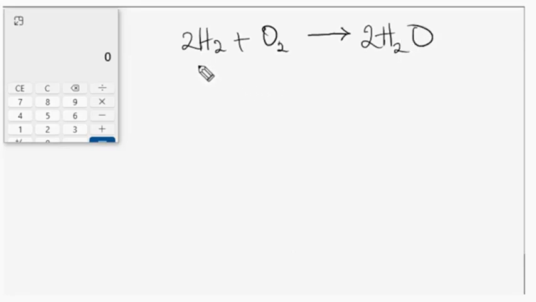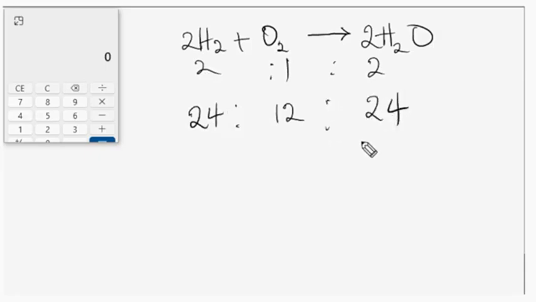So they'll have the ratio 2 to 1 to 2. So in that case, if 12 cm³ of oxygen was used, it means that the volume of hydrogen that will be used is 2 times this 12, and guys, that's 24 cm³, and then 24 cm³ of this gas will be produced.